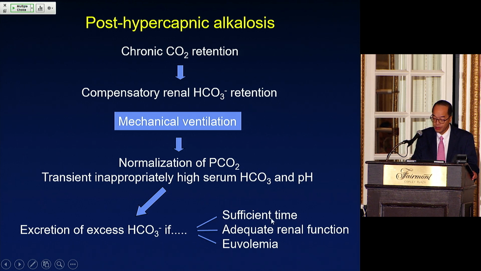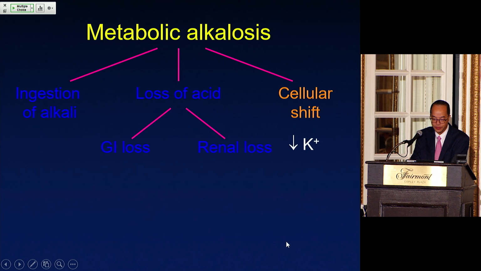There's sufficient time given, usually a matter of days. There's got to be adequate renal function. Patients with low GFR can't do this. And most importantly, and probably the most common issue, they have to be euvolemic. Patients who are volume depleted are unable to excrete their bicarb. And we'll get to why in a second.